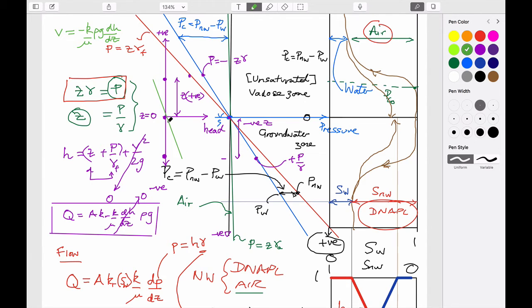In this particular place, head is increasing with negative z. So I guess if you draw a normal graph, then head increases as z decreases. So this is negative.